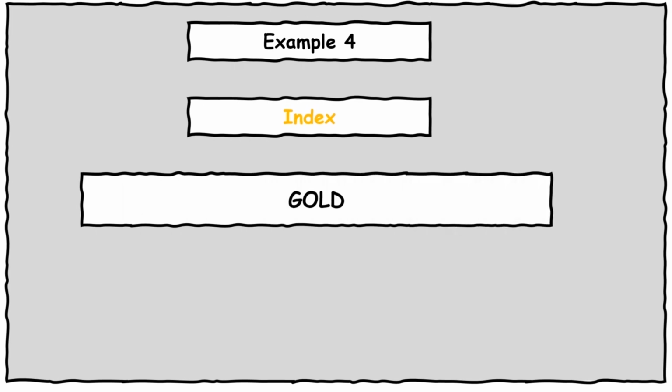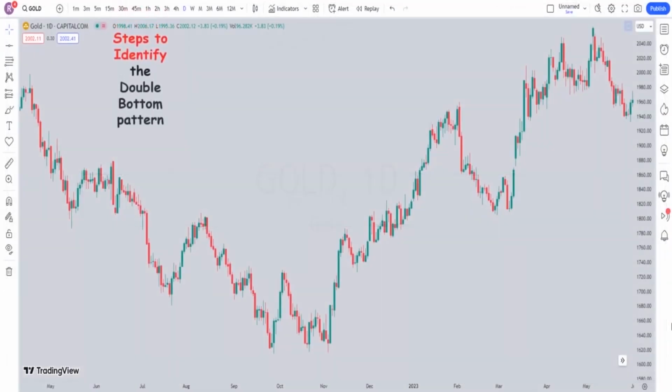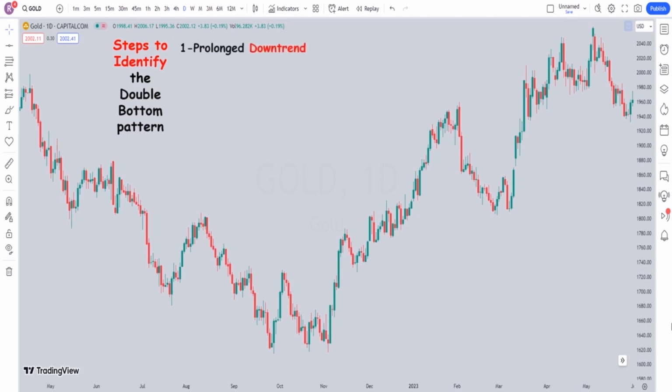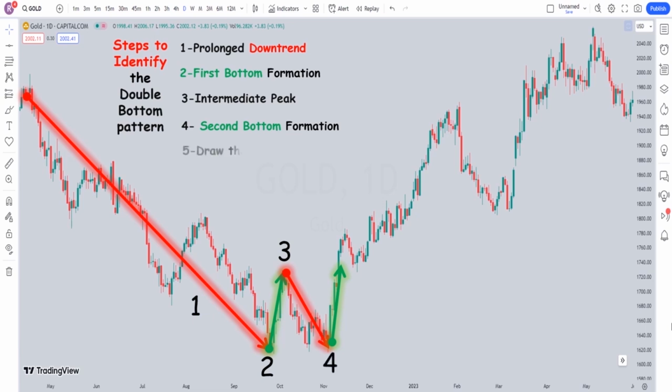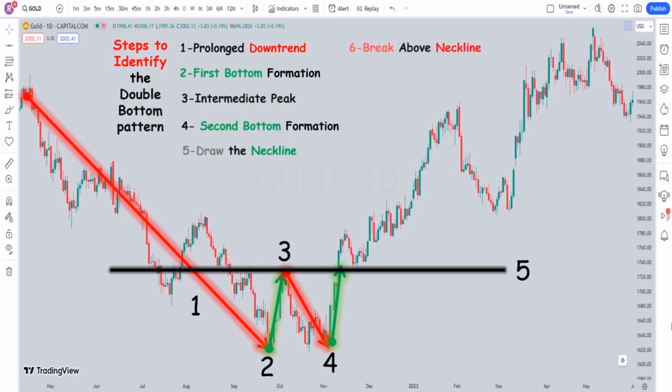4, gold. Identify a double bottom pattern. 1, prolonged downtrend. 2, first bottom formation. 3, intermediate peak. 4, second bottom formation. 5, draw the neckline. 6, break above neckline.